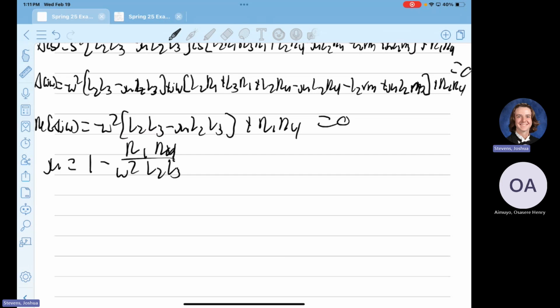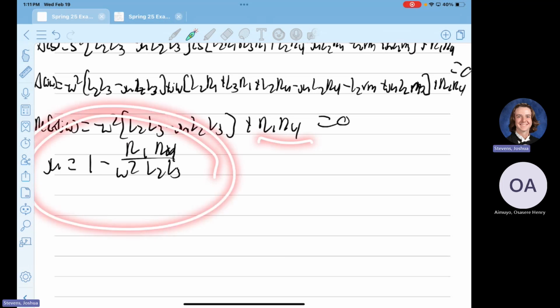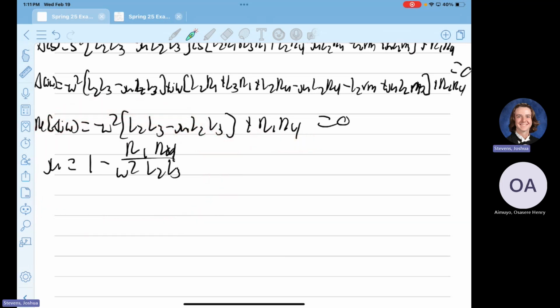Okay, so I just basically subtracted this over here, factored out the mu, factored out the L2 L3, then divided that by this, and I got here. So I would encourage you to try to get from here to here on your own, and hopefully get the same thing. I have checked this, and I know it is correct.